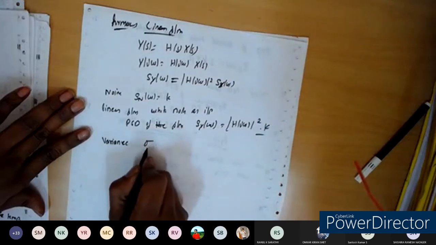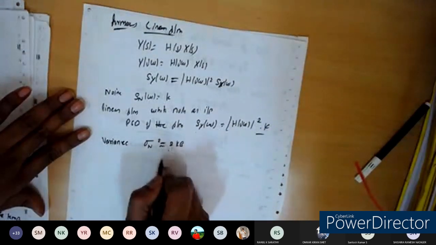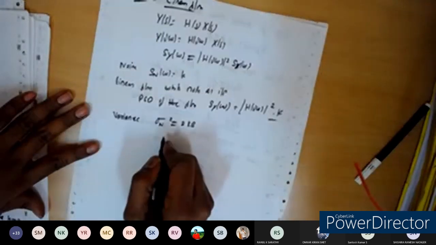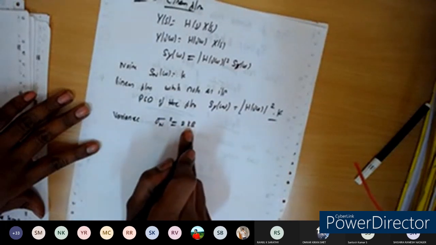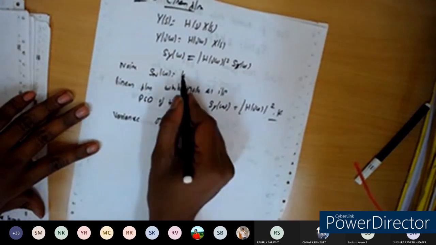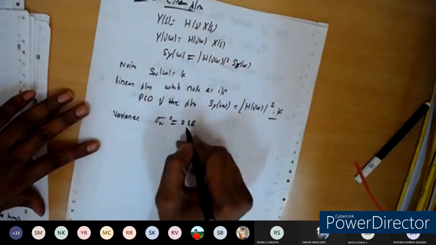So that is sigma n square. It will be equal to 2kB for the white noise. Variance of the white noise is sigma n square equal to 2kB. If you substitute for k, k is nothing but Sn of omega.